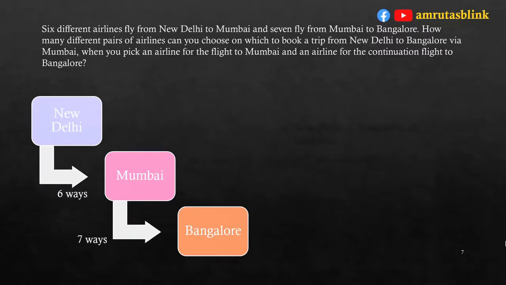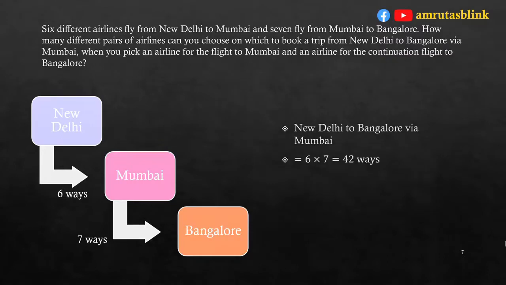Now it's given that from New Delhi to Mumbai there are 6 ways, and from Mumbai to Bangalore there are 7 ways, and ultimately you need to book a flight from New Delhi to Bangalore. So the total number of ways will be 6 into 7, that is 42 ways.